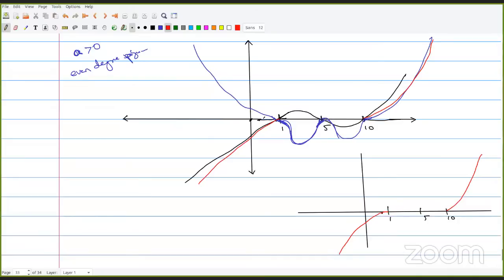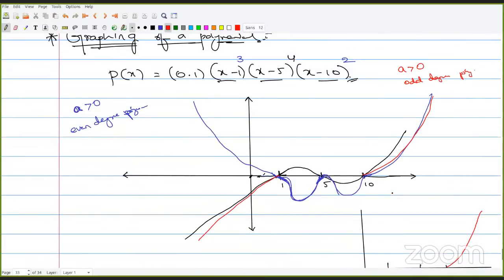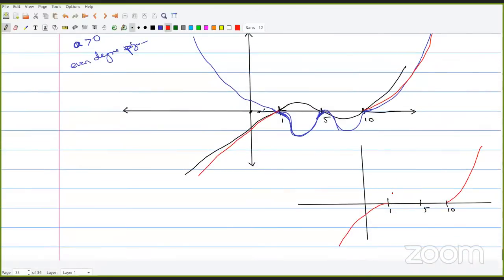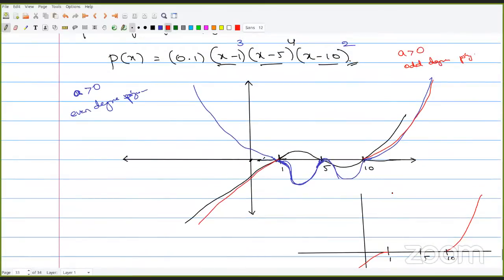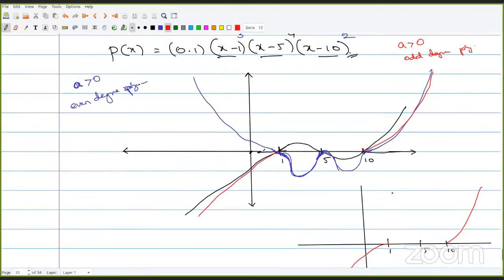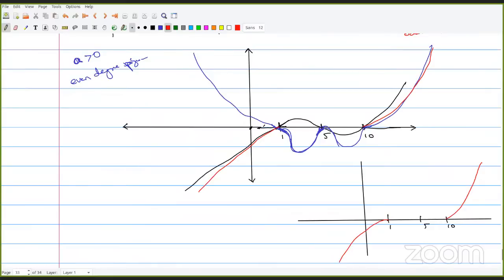Okay. Let us see this. So now the polynomial is of odd degree and the leading coefficient is greater than 0. If it is like that, the end behavior will be like this. Now you see the multiplicity of 1 is odd, so it should cut there and go to the other side. And I have to reach 5 again because that is the root.